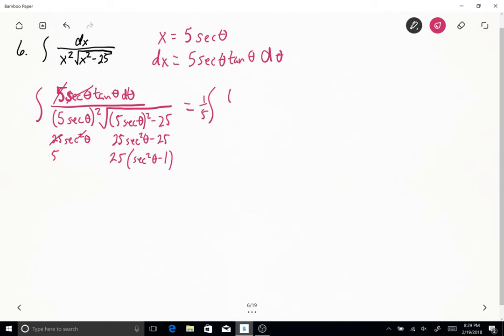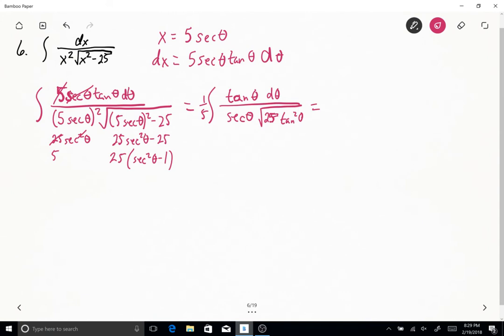You'll have a tangent theta up top. You'll have a secant theta down below. And then we'll have a square root of 25, and then we'll have the tangent, because secant squared theta minus 1 is just tangent squared theta, d theta.